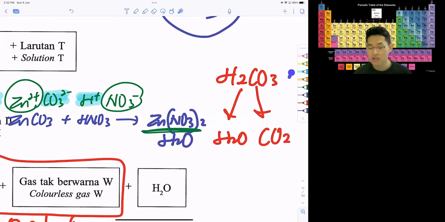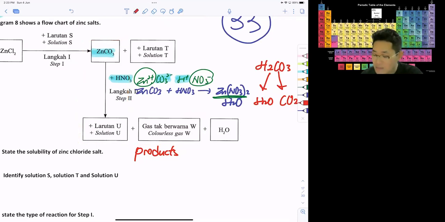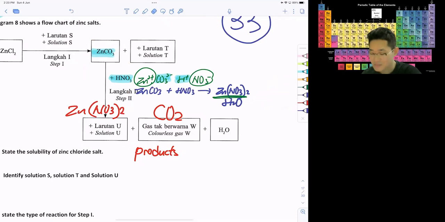For this reaction, they don't combine into an acid. No, it is H2O and CO2. So the gas is carbon dioxide. And then the solution U is my zinc nitrate. Understand? Okay. So every time when they want you to find product, you write equation.